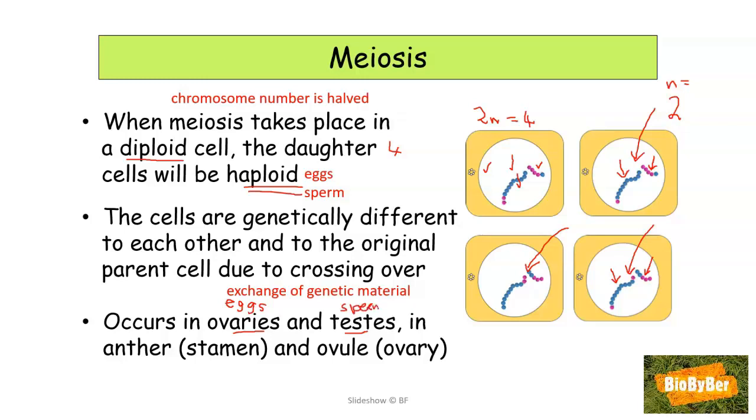Now, if we're talking about plants, then meiosis will occur in the anther of the flower, which is the male part of the flower, part of the stamen. Can you see men at the end of the word stamen and associate that with the idea of maleness? Meiosis occurs in the ovule of the ovary or the female part of the flower.